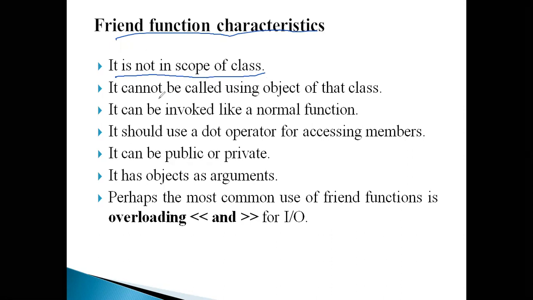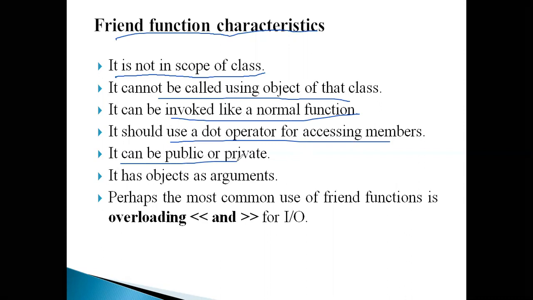And it cannot be called using the object of the class, like a dot sum. Here I am not going to call the friend function by means of objects; the friend function can be invoked as a normal function. Then it should use a dot operator for accessing members.